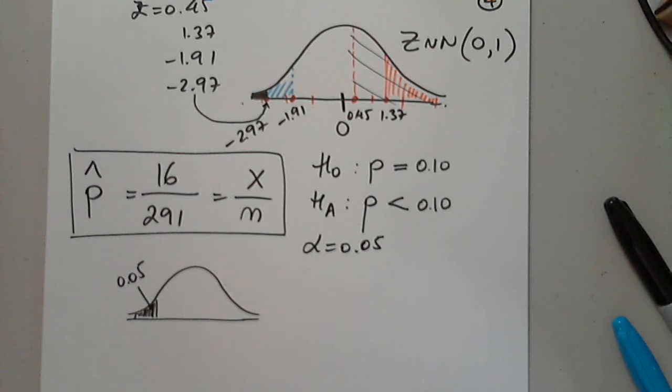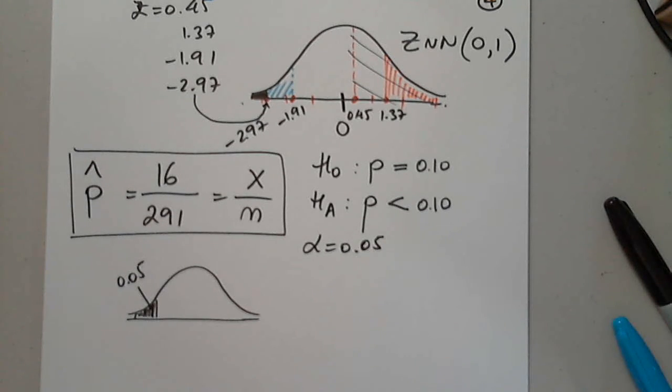One proportion z-test, it is 5. Correct. 0.1, x is 16, 291. Less than p0, yes. So what is the problem? Let me go back to the problem for a second.